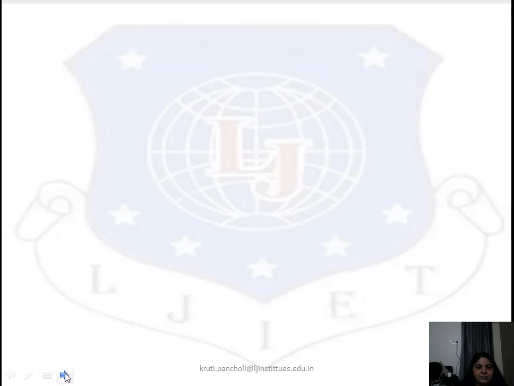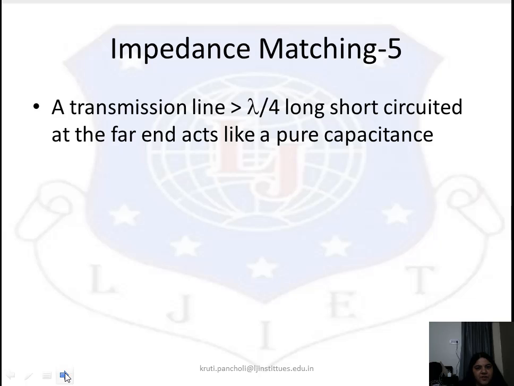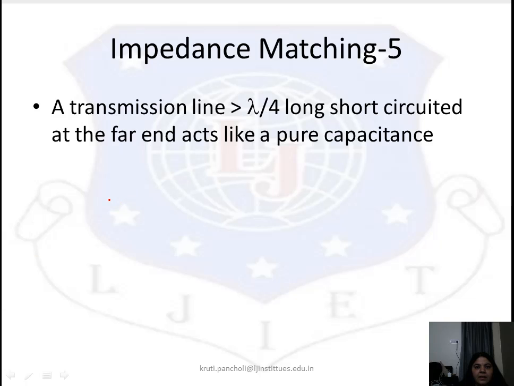Next, impedance matching 5. A transmission line greater than lambda by 4 long, short circuited at the far end, looks like a pure capacitance. So a transmission line greater than lambda by 4. So this is the transmission line.